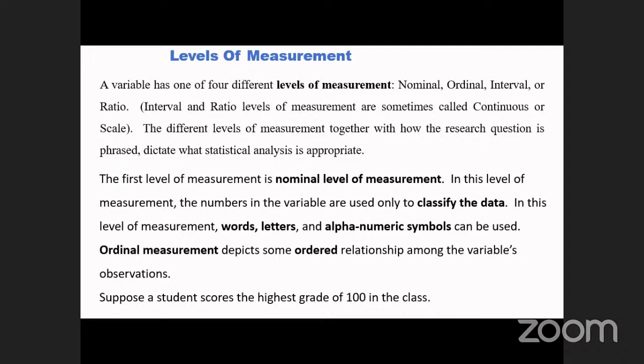Whether the data is quantitative or qualitative, it can be in these categories. So levels of measurement tries to categorize different data sets that we collect to help in analysis.